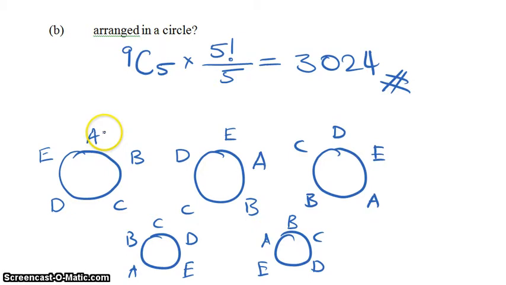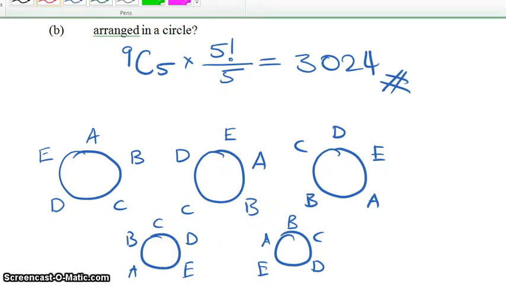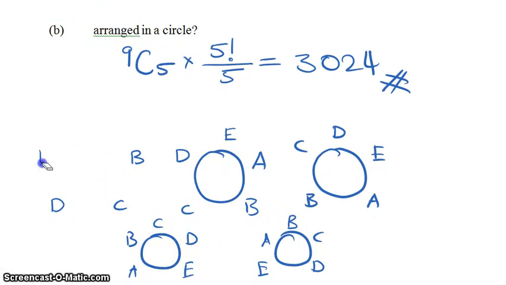Because for every arrangement there are 5 identical arrangements, I need to divide through by 5. And this is why we get our formula for circular permutations.